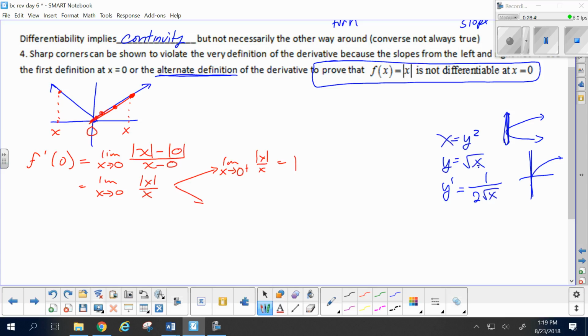But if it's the limit, I should be able to approach from the right and the left. And if I approach from the left, the limit as x approaches 0 from the left is negative 1. If I look at this slope and this slope and this slope and this slope, those are all negative 1. Well, the fundamental truth about limits is if the one-sided limits don't agree, then the limit does not exist. The limit does not exist.